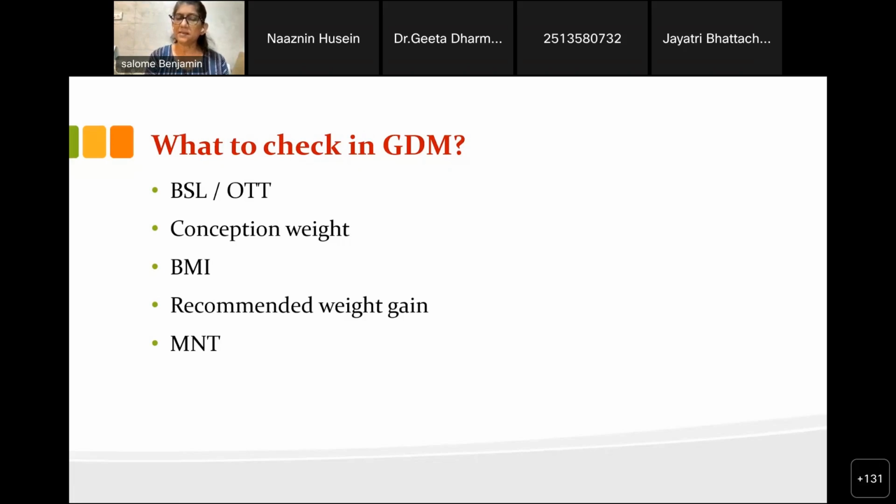So we must ask them, and if they don't remember, and if that is the first pregnancy, ask them what was your weight at the time of marriage, and did you put on weight? So as Dr. Geeta rightly said, the conception weight is very, very important. And then the first 5 months, that is the first trimester and the 2 more months, we are looking at weight gain.